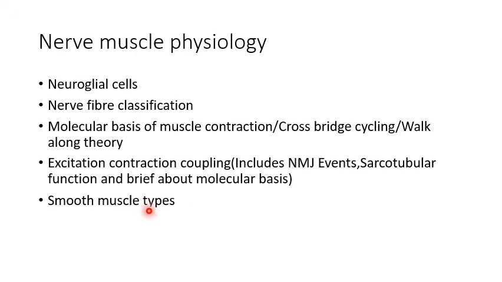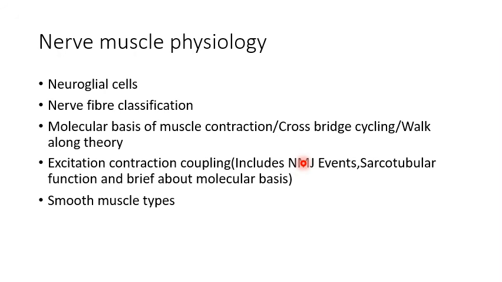And the next topic is the smooth muscle types. In nerve muscle physiology, an applied aspect is myasthenia gravis, that is the neuromuscular junction part. Then in the muscle part, we will ask muscular dystrophy. What is muscular dystrophy? What is Duchenne muscular dystrophy?